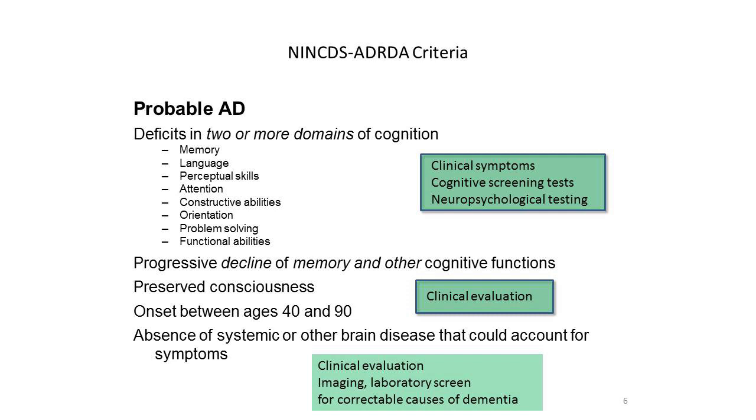Now, if you look at the list of all the others, language, perceptual skills, attention, constructive abilities, orientation, problem solving, or functional abilities, this is a very long list for a primary care visit. It's a very long list even for a neurological exam and visit.